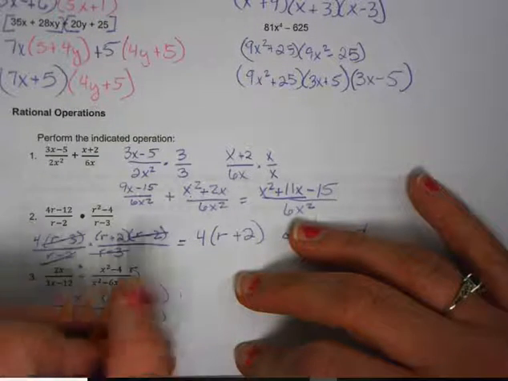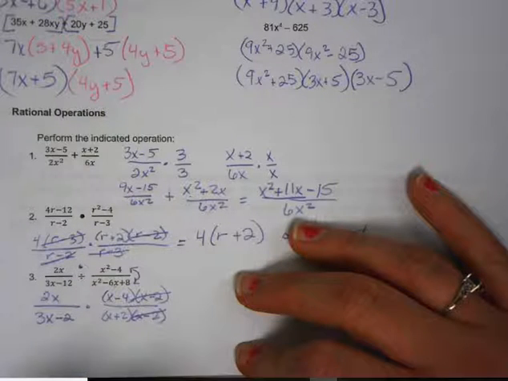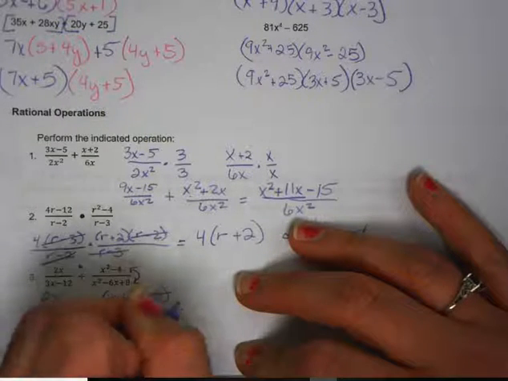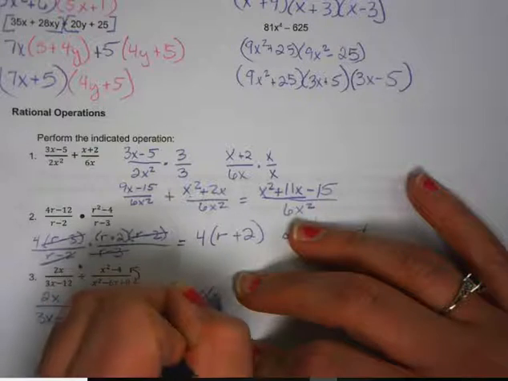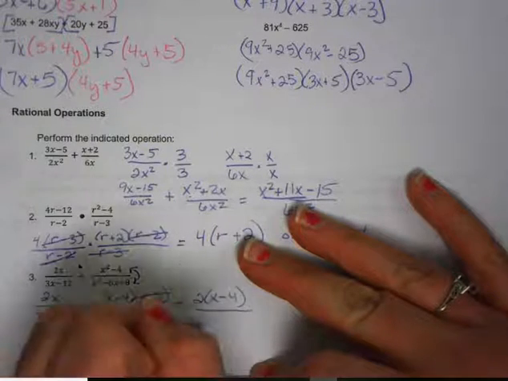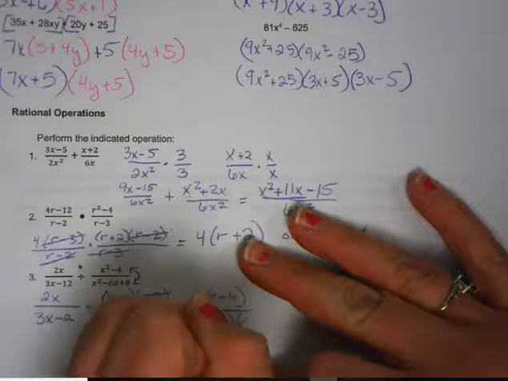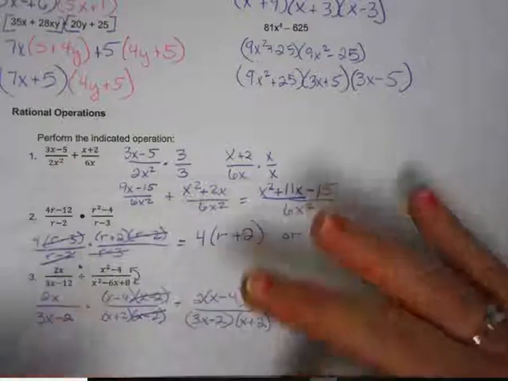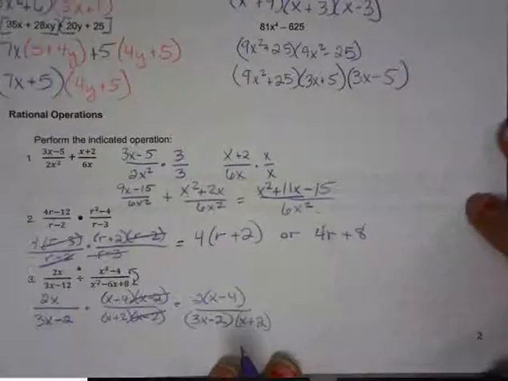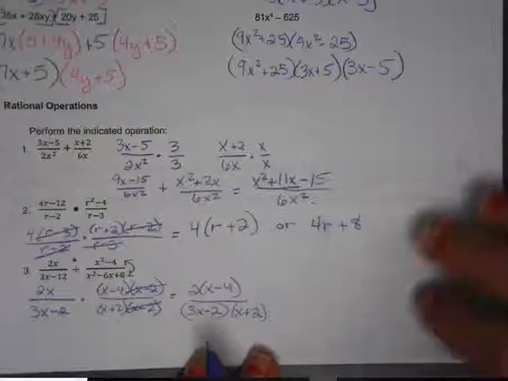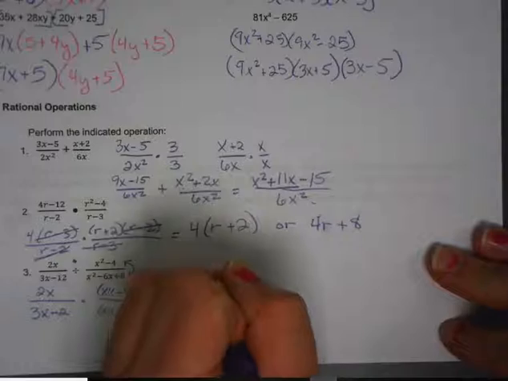And again, anything on the top that matches the bottom gets crossed out. So then we're left with 2 times x minus 4, over 3 times x minus 2 times x plus 2. I'm sure you've noticed that we need to multiply this out, so we're not going to leave it like this. We're going to take it to its conclusion.